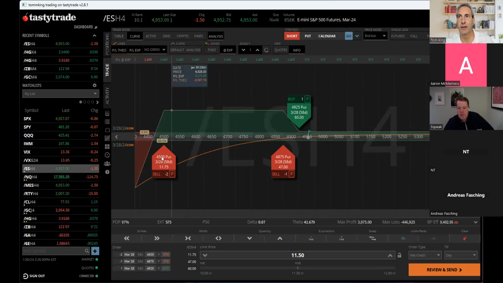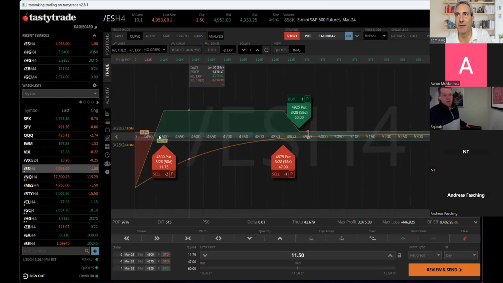But what did I do here? I took a little bit more risk on the downside by moving it up, but I only moved it up to 7 delta. It's not like I went to 15 delta or 16 delta here. I'm only at a mid 7 delta on this particular trade.